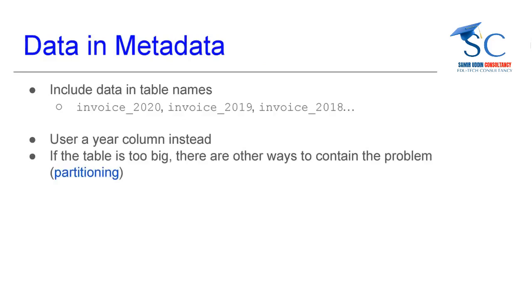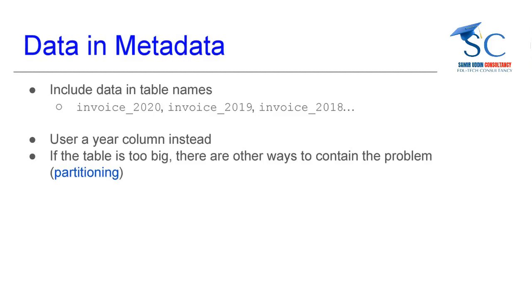Another anti-pattern is to include data in table names, or if you prefer, include data in metadata. So, for example, invoice 2020, invoice 2019. In this case, the year of the invoice is contained in the name. This is very, very bad. You don't want to do it.